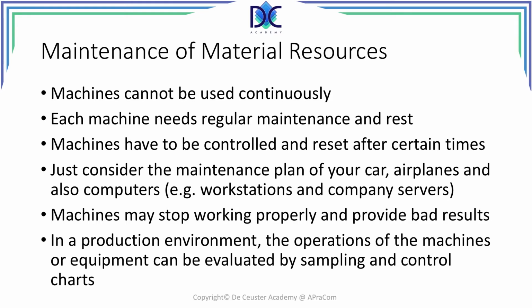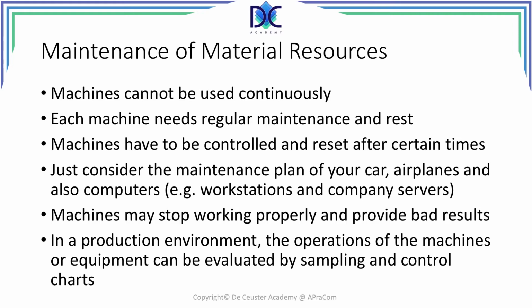Machines that are not maintained regularly may stop working and provide bad results. Not doing any maintenance may also lead to a worse situation because there may be some parts that get damaged, and typically those parts are controlled during the regular maintenances so that a replacement can be planned.